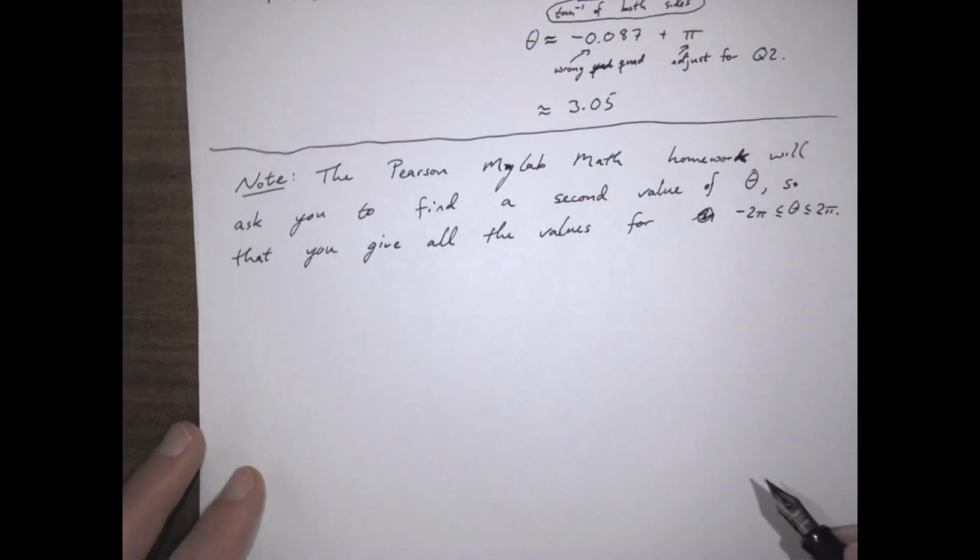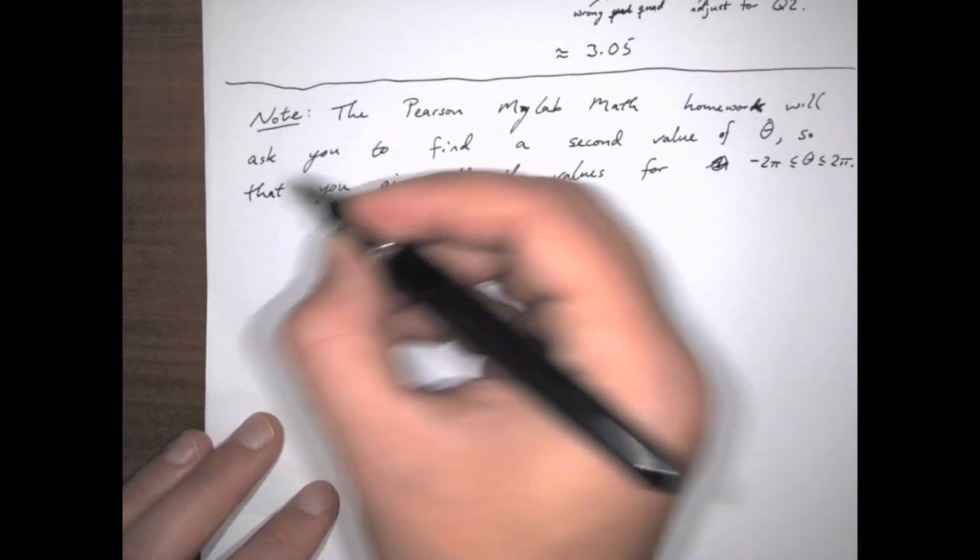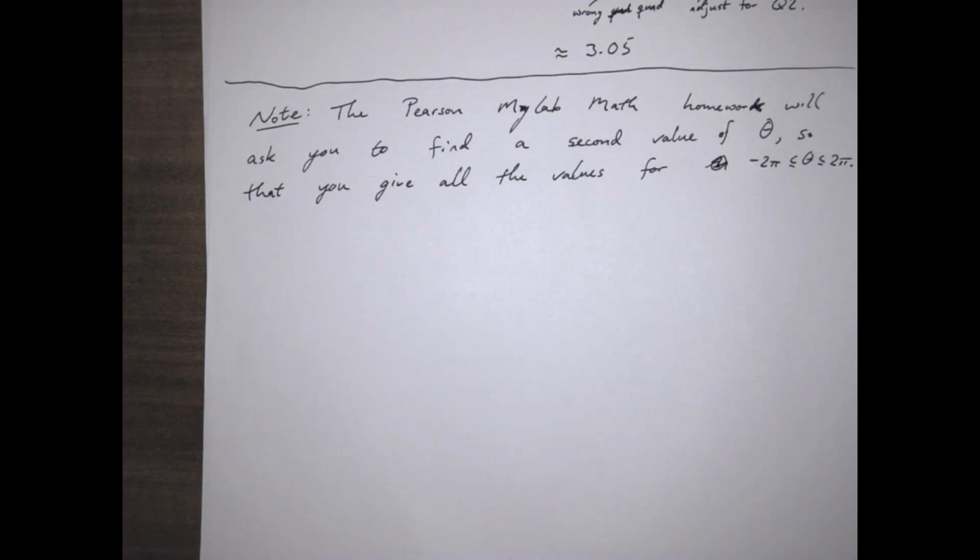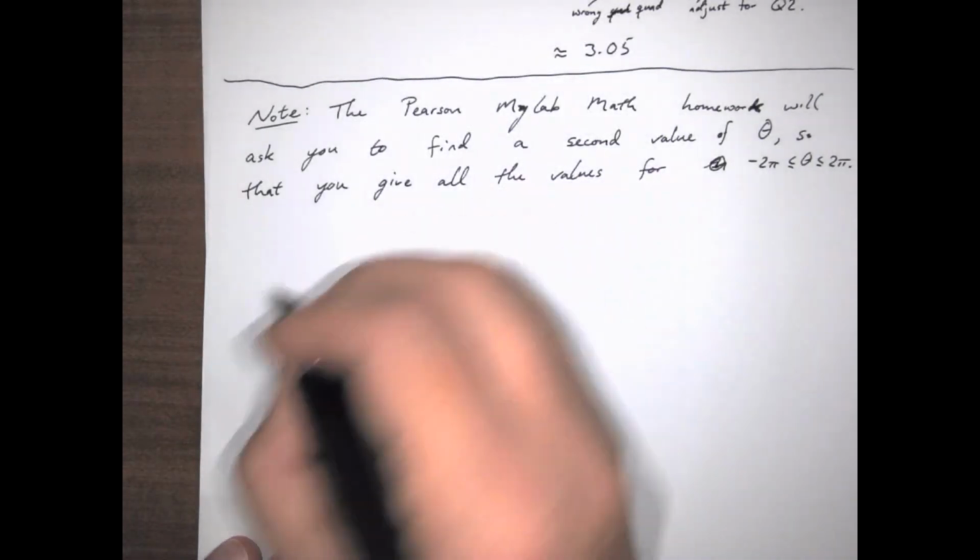So what you'll want to do is just add or subtract 2 pi from whatever theta you got originally in order to put it into the other version.